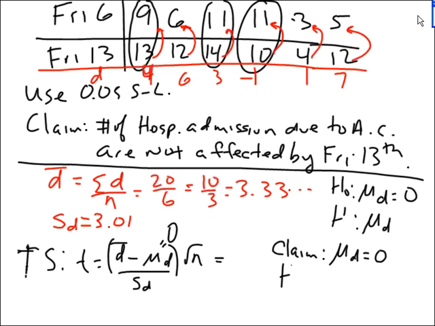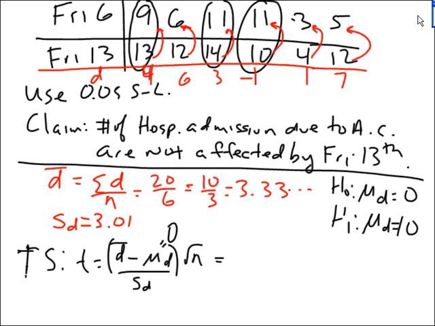Now remember, for H1 you can't use equal, so it's not equal. That's their alternate hypothesis: mu sub D is not equal to 0. The claim is exactly the null hypothesis.